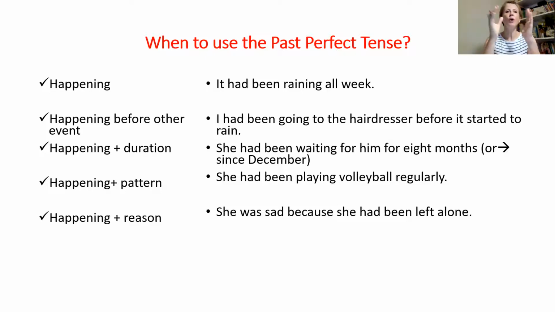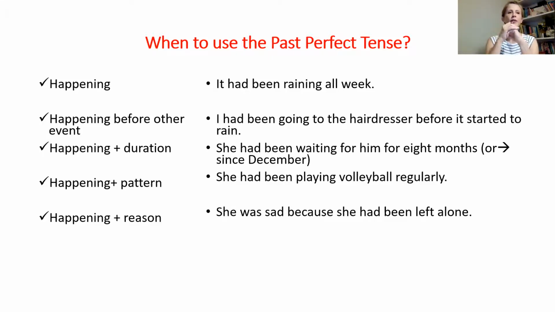Good. We also talk about a situation to describe a situation, and we want to inform the duration, how long it had been happening. Like she had been waiting for him for 8 months. We can use for to demonstrate the time. Or we say she had been waiting for him since December. Okay?